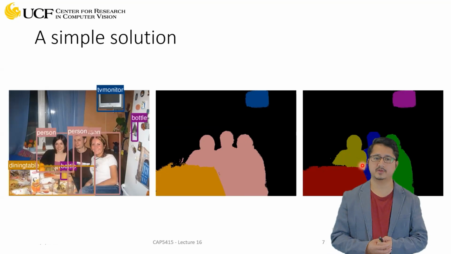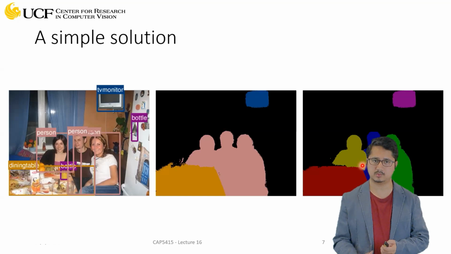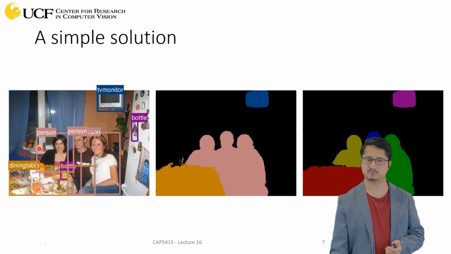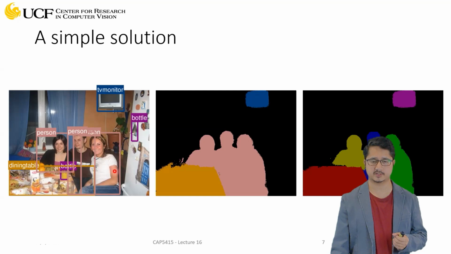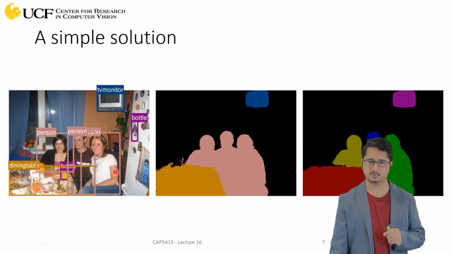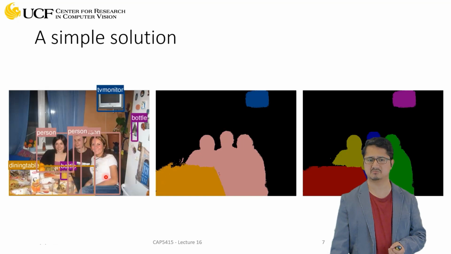Now, one simple way to solve this problem of instance segmentation could be to take the image and just do object detection. Object detection gives you a bounding box around each object instance, right? So it will tell you how many people are present here. It will give you the TV monitor as well, and many other objects.